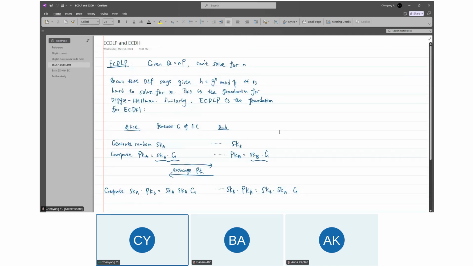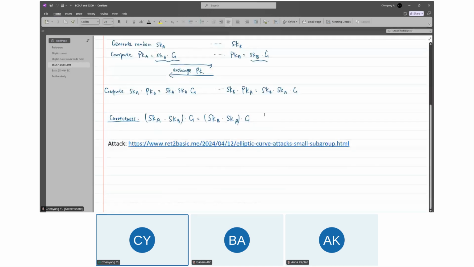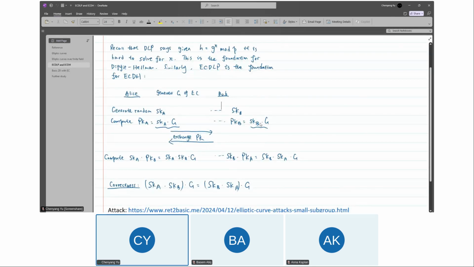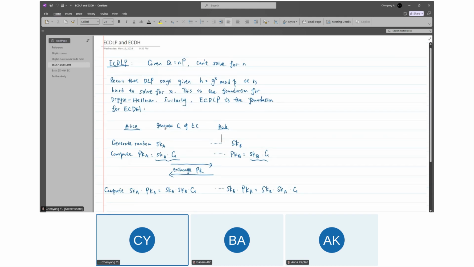So the security here: we are publishing the public key on the internet. What if a malicious actor Eve comes in, extracts this info and tries to recover my secret key? This is the assumption of ECDLP. It is an assumption because we don't have an efficient algorithm to compute it for now.